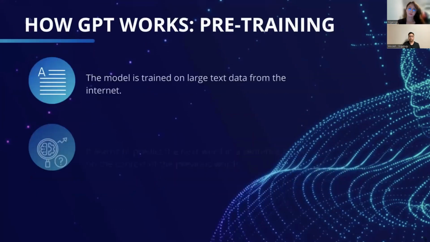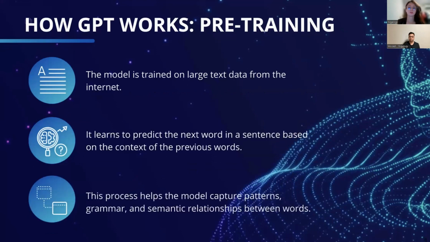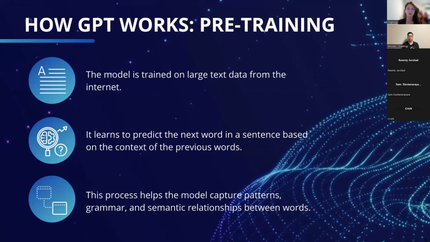So let's take a look at what happens at the pre-training stage. Probably this is also very general knowledge, that at the pre-training stage, since we call it large language models, this model is trained on a large amount of text data from the internet. So probably the entire Wikipedia and most of the public information out there.